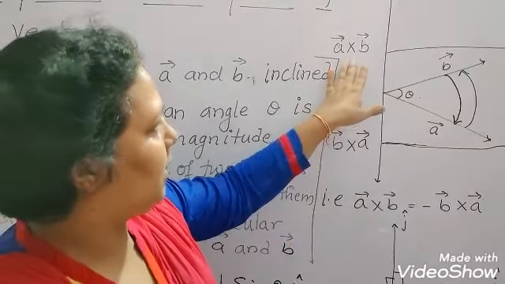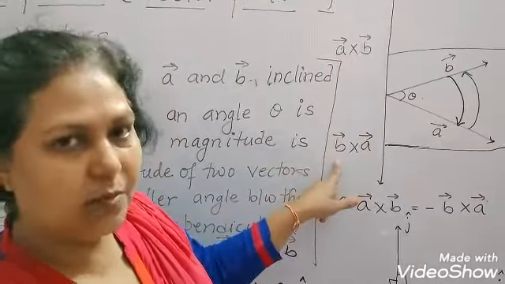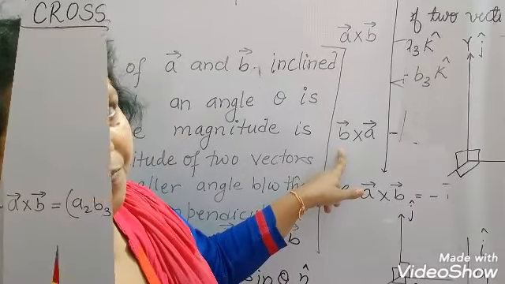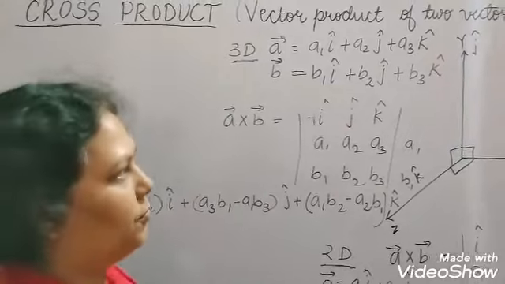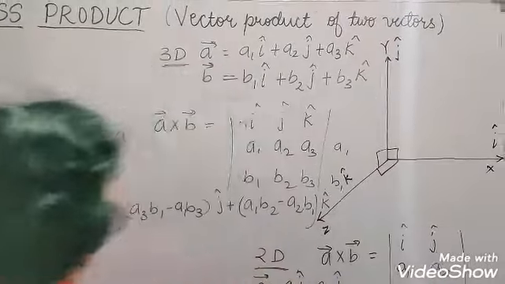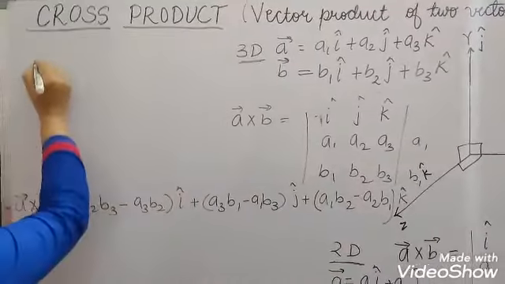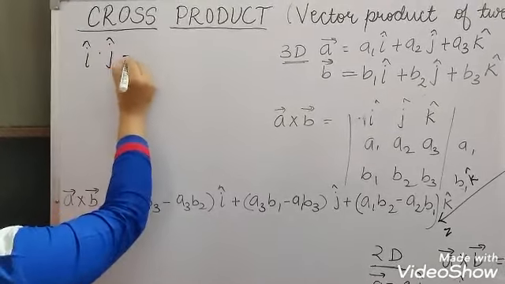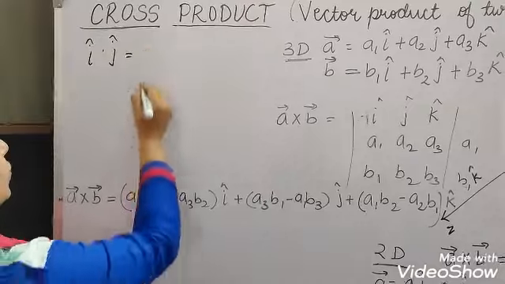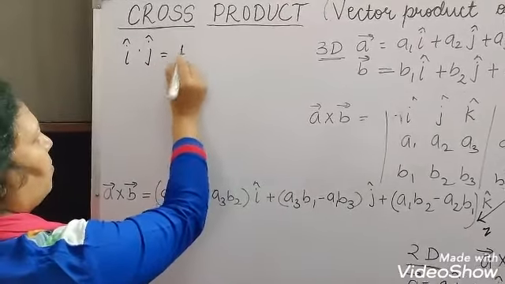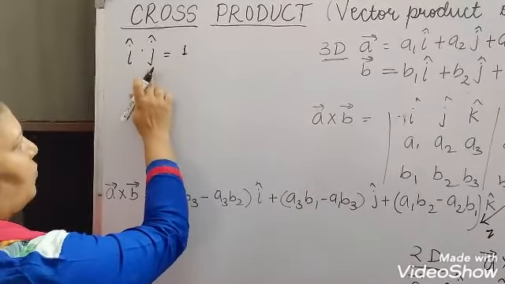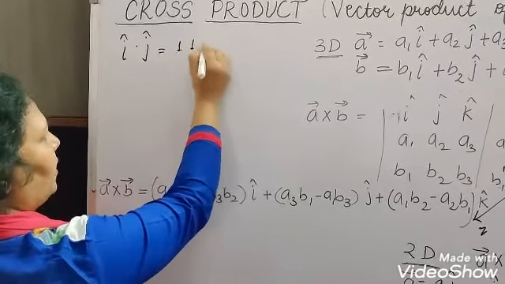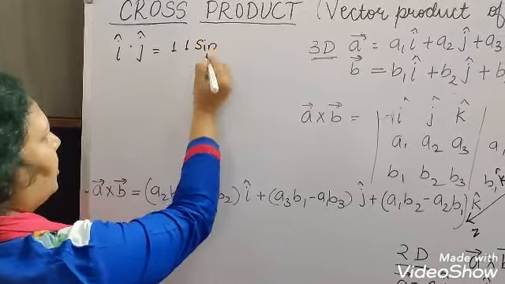A cross B is equal to minus B cross A. Now look at the case of unit vectors. If I am writing i dot j, this is equal to the magnitude of i, which is 1, times the magnitude of j cap, which is also 1, times sine theta.